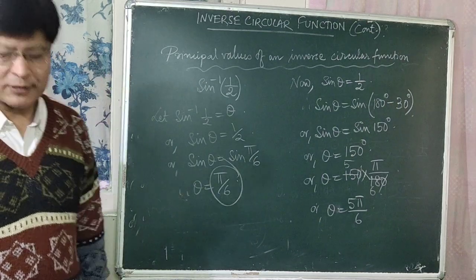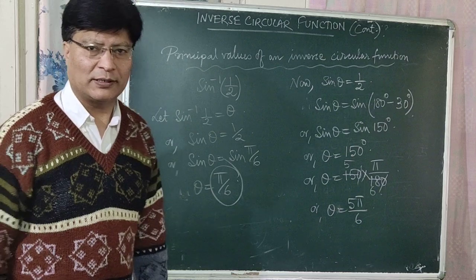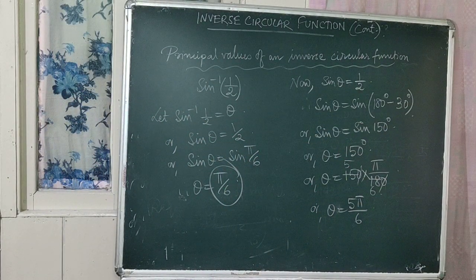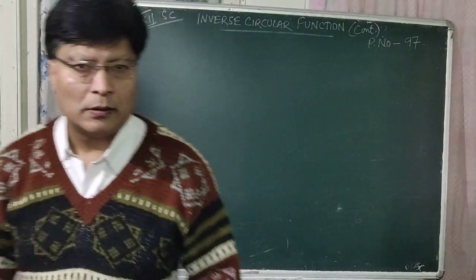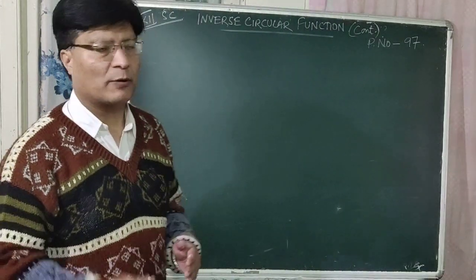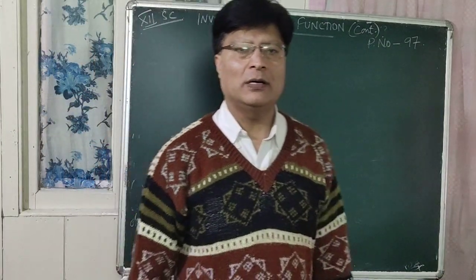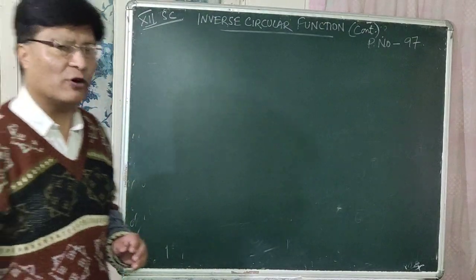Now let us do some problems from the book, the XII book, right? So before we do some problems from the XII book, let us write down the formula for how to get the principal values of an inverse circular function.